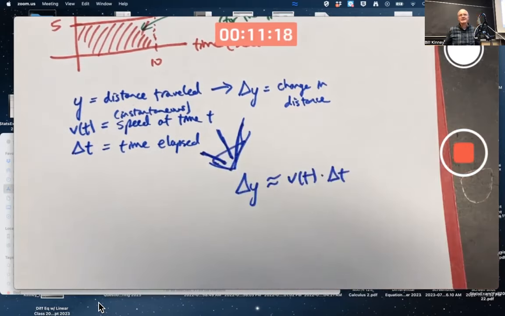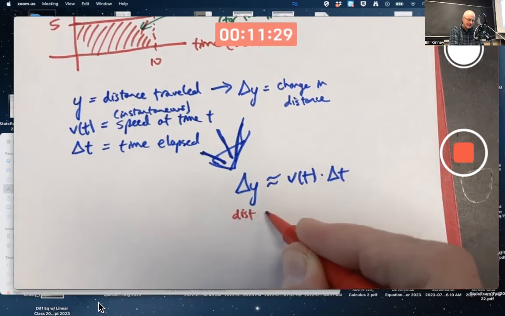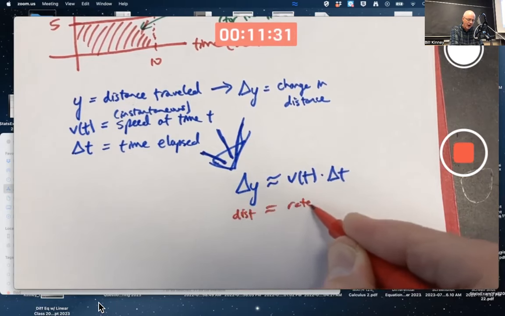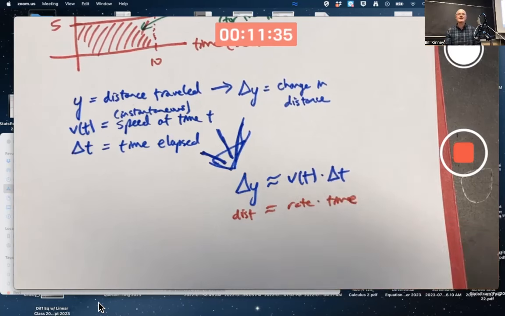I'm combining all these things. Yes, it's a weird looking arrow. This is saying distance is approximately rate times time, but I'm writing it as an approximate equation to acknowledge the fact that the speed may not be constant.